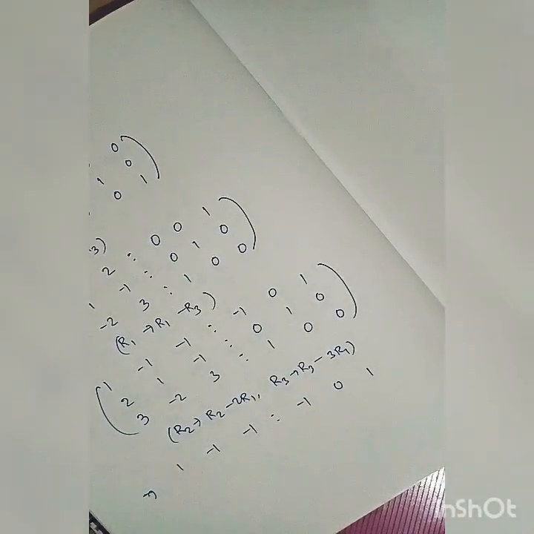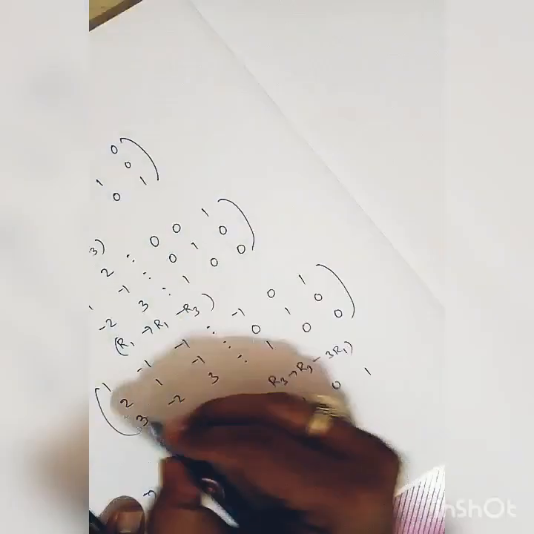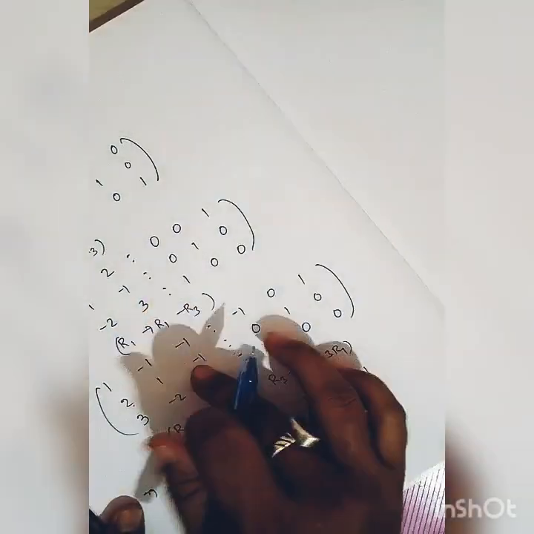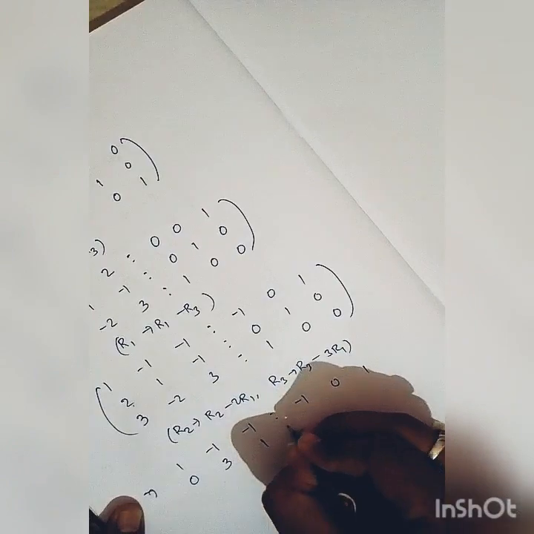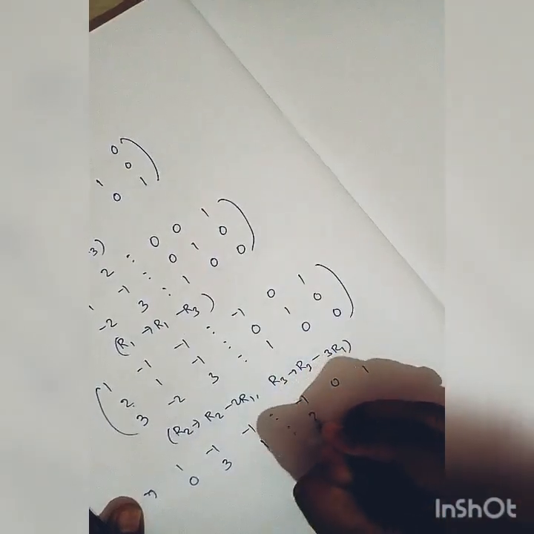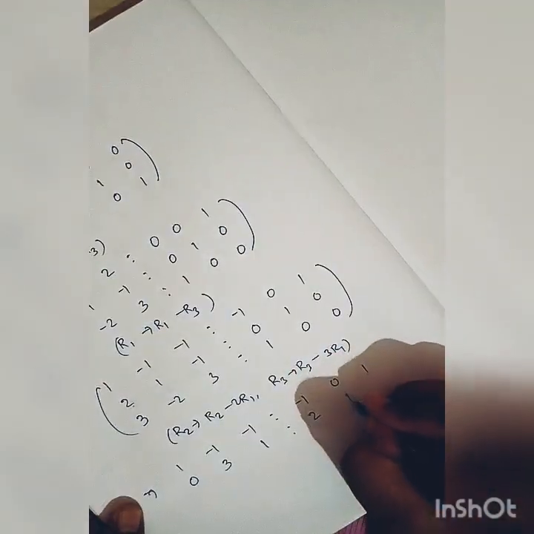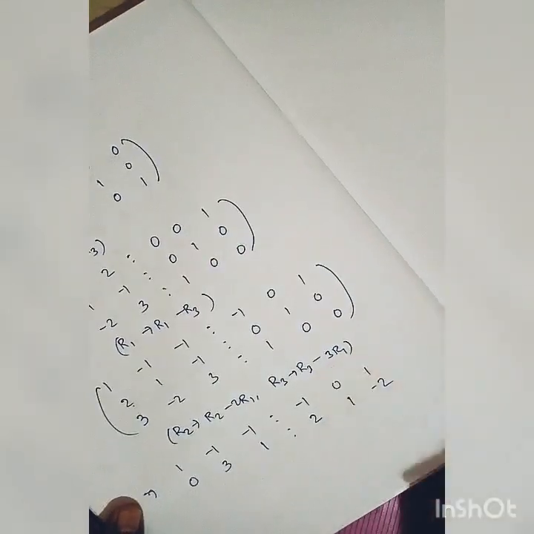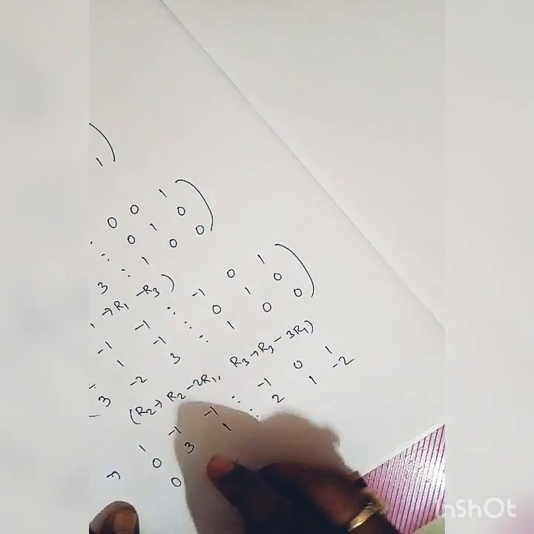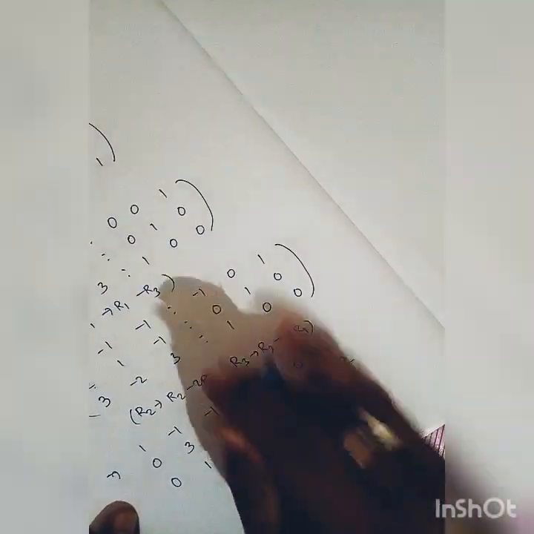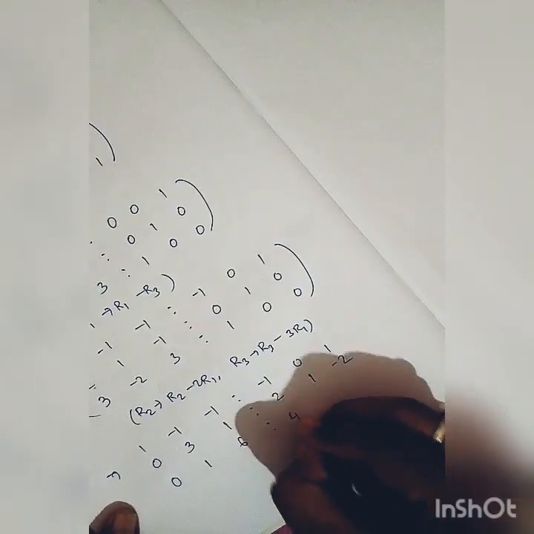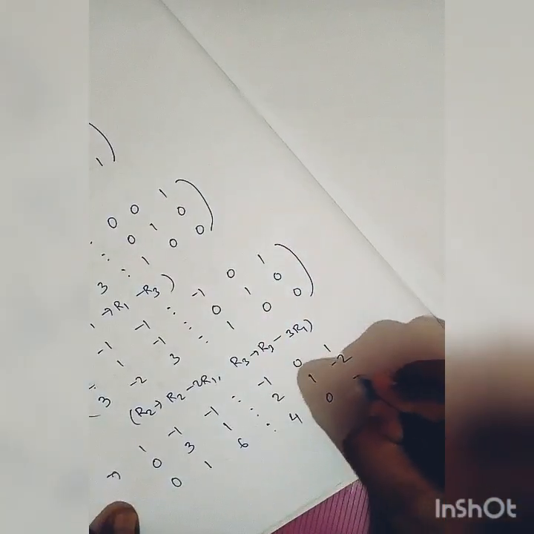Again use row 2 minus 2 row 1: 2 minus 2 is 0, minus 1 plus 2 it is 3, minus 1 plus 2 it is 1, 0 minus minus 2 plus 2, 1 minus 2 into 0 is 1, 0 minus 2 is minus 2. Again row 3 minus 3 row 1: 3 minus 3 is 0, minus 2 plus 3 is 1, 3 plus 3 is 6, 1 plus 3 is 4, 0, it is minus 3.